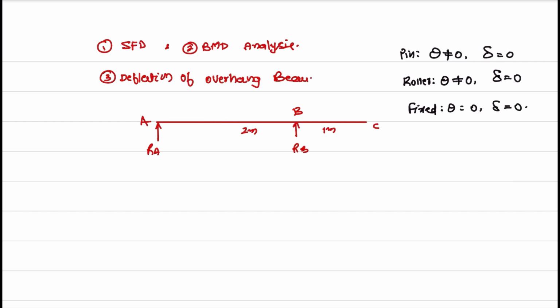Another thing I have explained is that d by dx of M x is equal to shear force V x, and the integral of shear force V x dx is equal to M x plus c1. These are the things which you have to know.